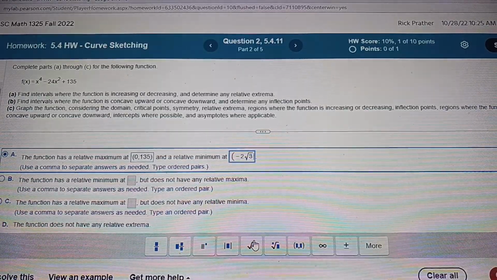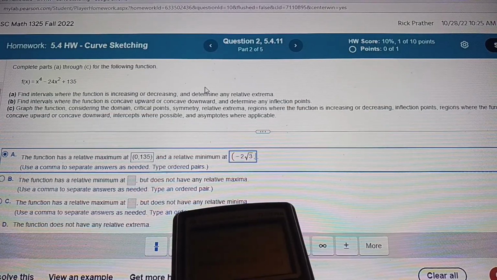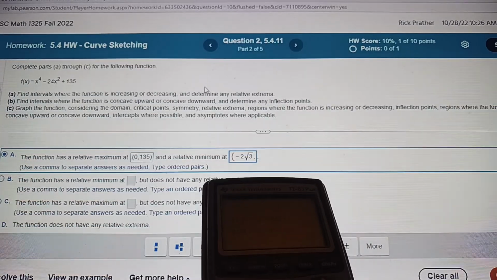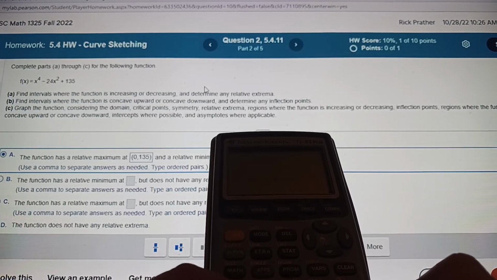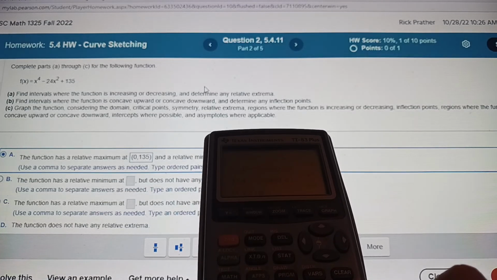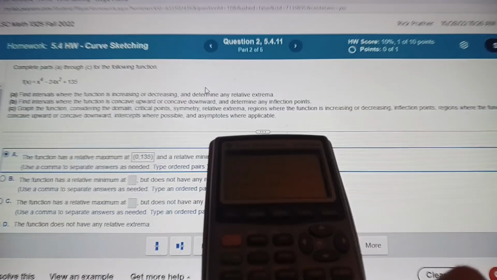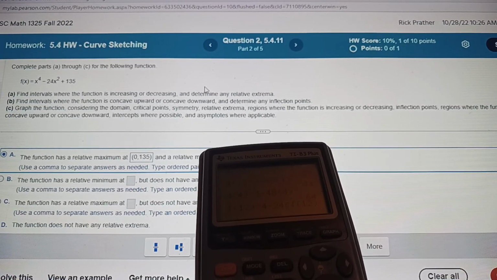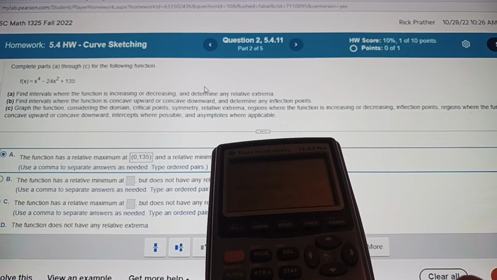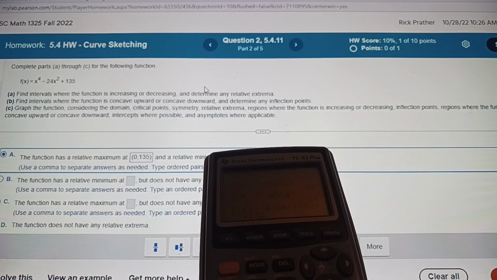And then we need to get the y values, although because the exponents are even, if you find one of them, the other one's going to have the same answer, since the even exponents will change negatives to positive. And you don't even have to put 2 square root of 3 in when you're just calculating. You can put square root of 12. So I can do square root of 12 raised to the 4th power minus 24 times square root of 12 squared plus 135.